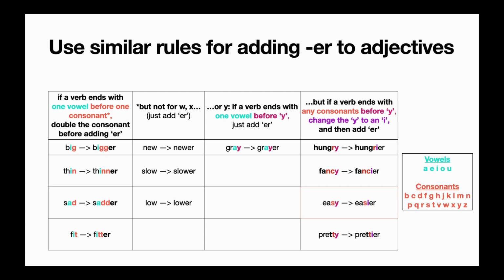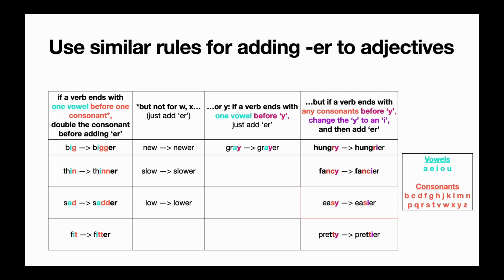So just like with the ED ending of the past tense, the reason why we do this is for pronunciation, right? And if we didn't add the second D to sadder, it would say sader. That's just the way English is pronounced. So we have to add that D for pronunciation.